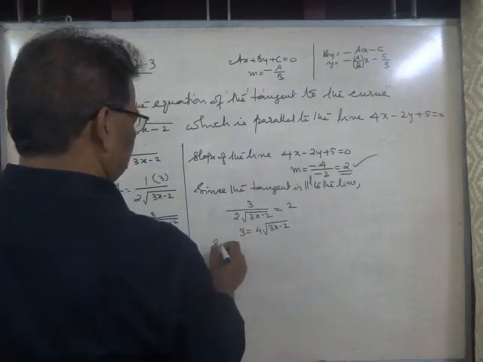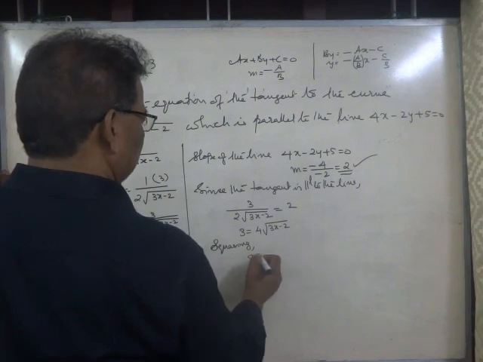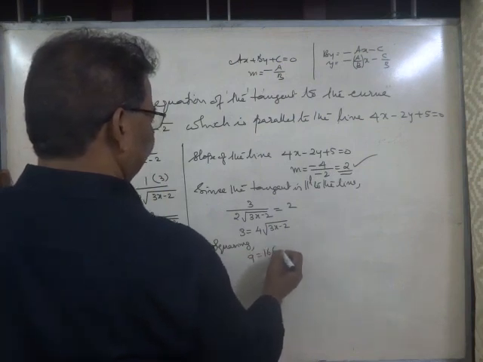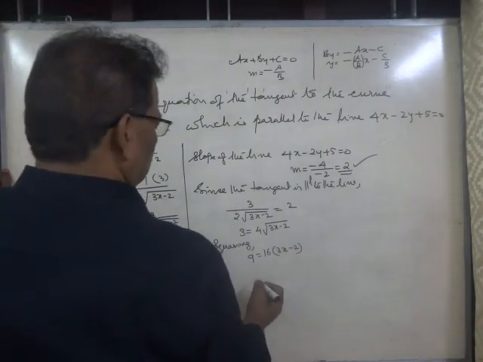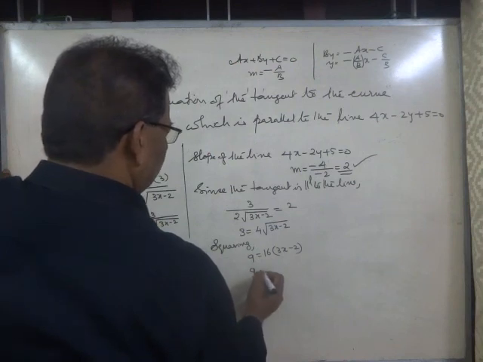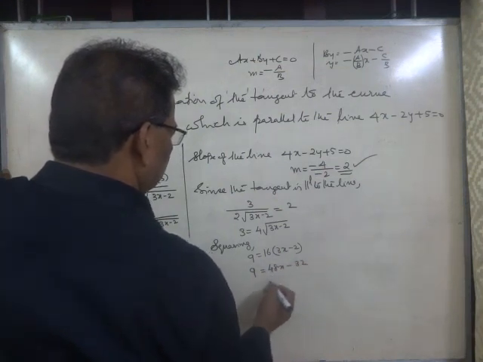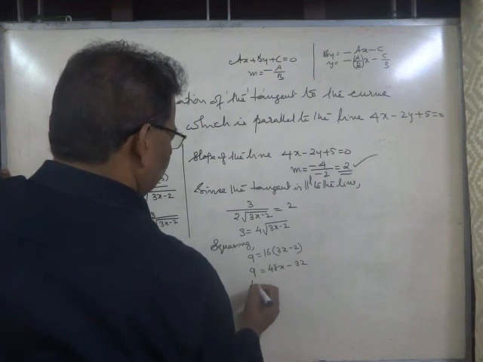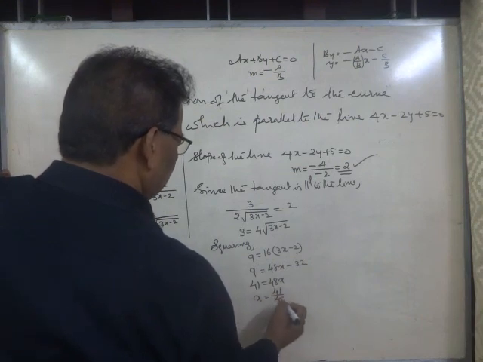Squaring, 9 is equal to 16 into 3x minus 2, or 9 is equal to 48x minus 32, or 41 is equal to 48x, and x is equal to 41 by 48.